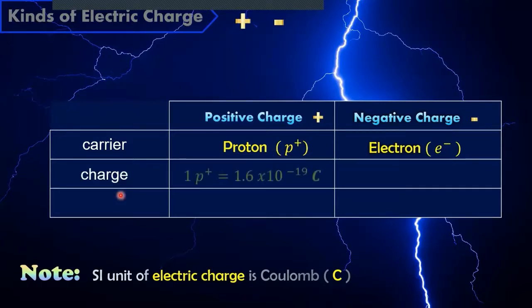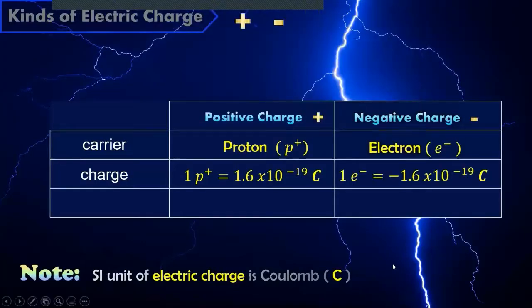Each proton has one charge and each electron has one charge. One proton is equivalent to 1.6 times 10 raised to the power of negative 19 coulomb, and one electron is equivalent to negative 1.6 times 10 raised to the power of negative 19 coulomb.